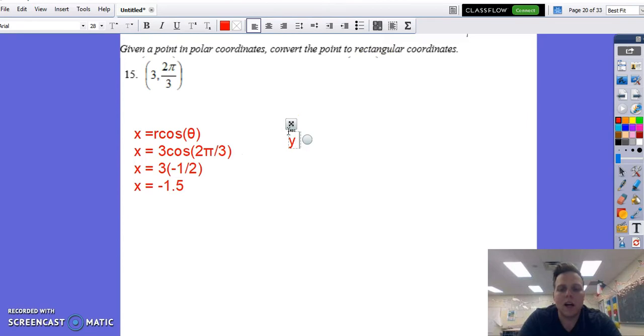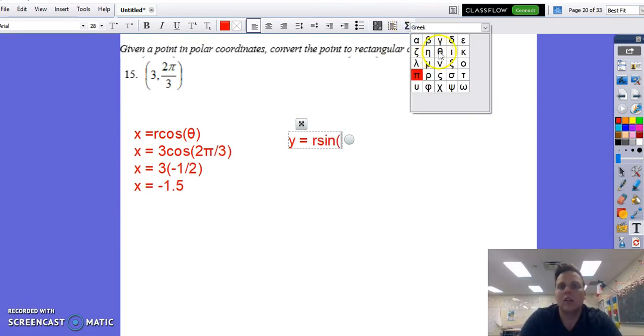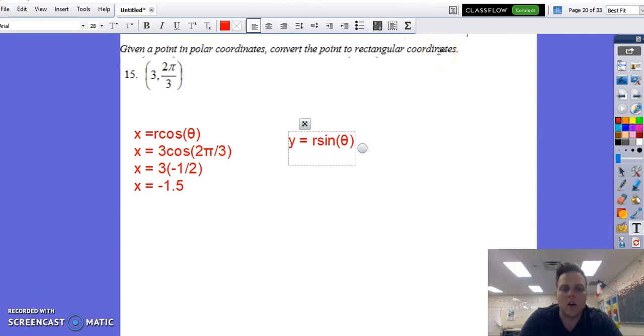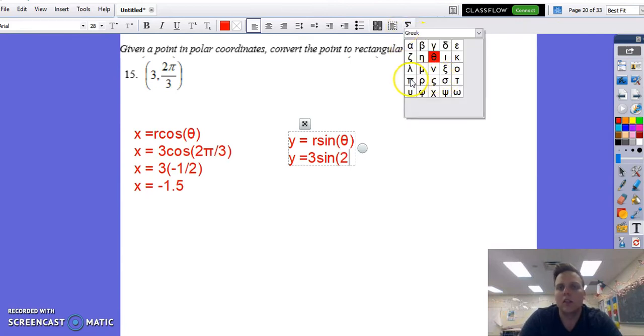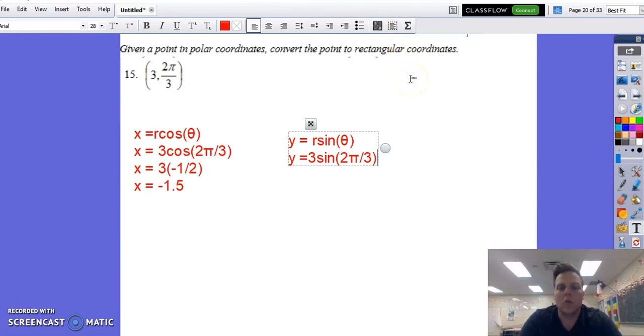And then y is equal to r sine theta. And so I know that r for this problem is 3, and I know that theta is 2 pi over 3. So once again, I grab my trig chart and I look up sine of 2 pi over 3, which is square root of 3 over 2.